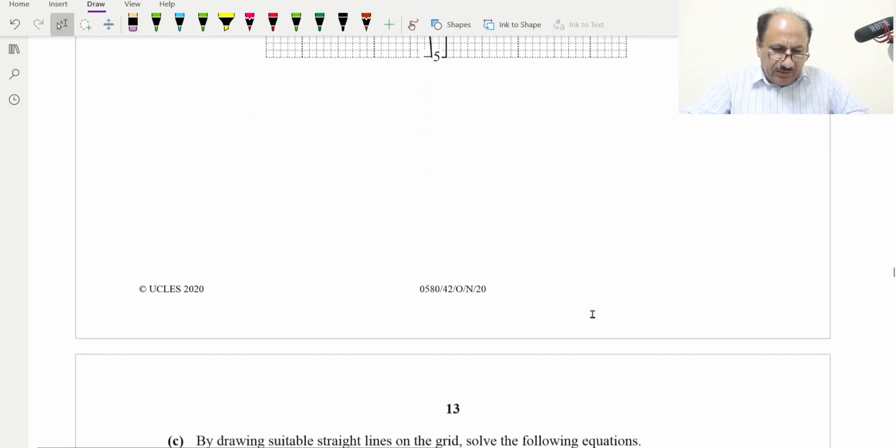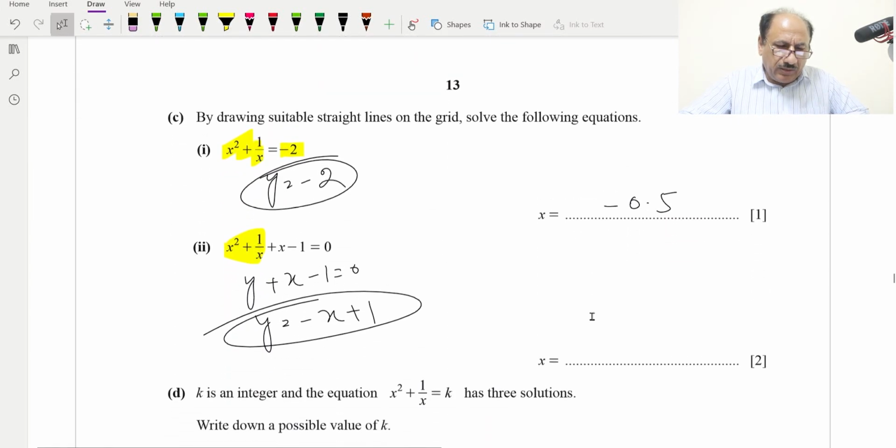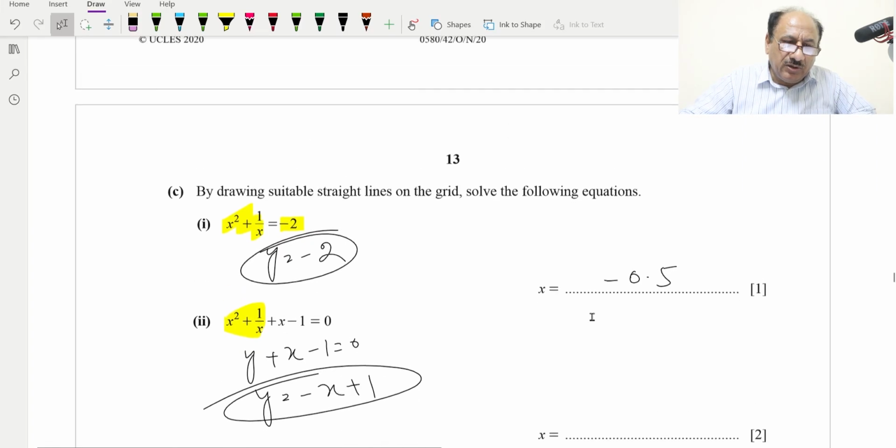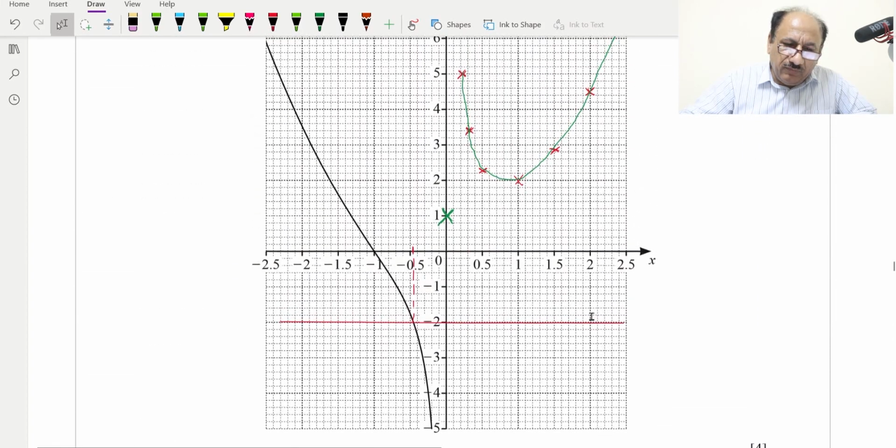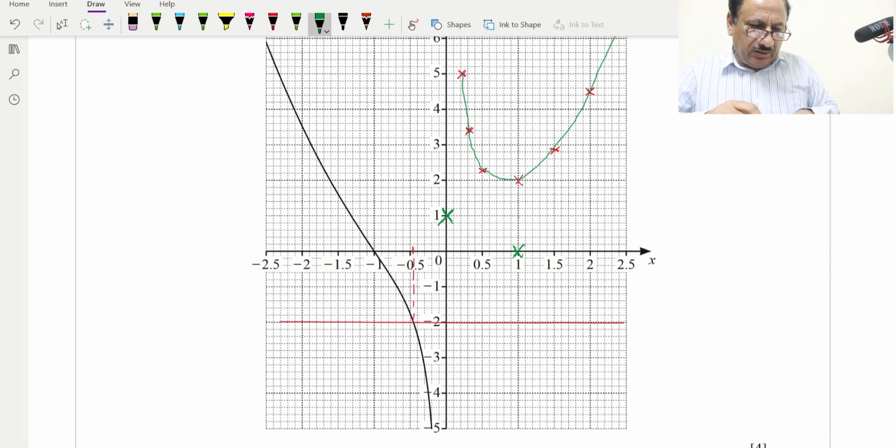Now the gradient is -1 because the coefficient of x is -1. So we can go 1 unit right and 1 unit down. So this will be the second point, and we can draw a straight line passing through these 2 points.